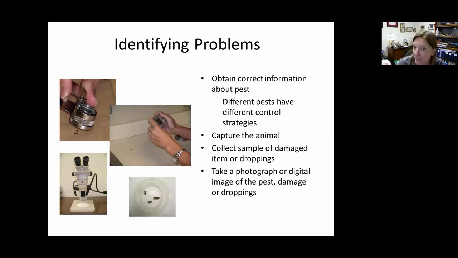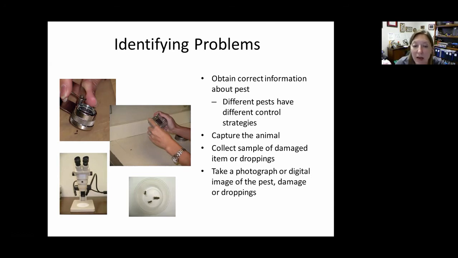You can actually submit photos for identification and ask questions on the eXtension site. So we are here to help you. When you are taking digital photos of things, please try to take a clear photo because it's really difficult to identify things when they are not in focus.